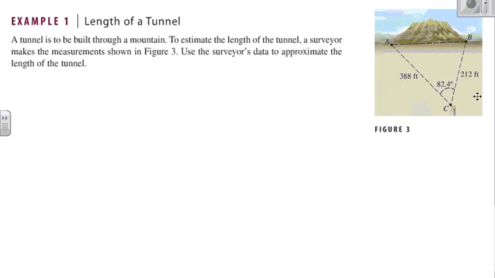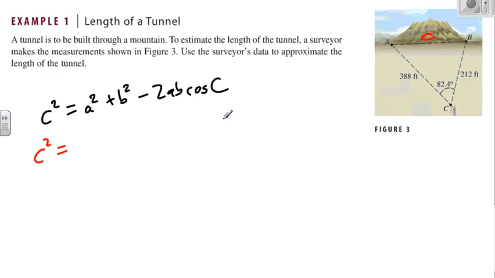So we're given this angle over here. We are trying to find this length. So from our formula, c squared equals a squared plus b squared minus 2ab cosine c. So we're trying to solve for c.